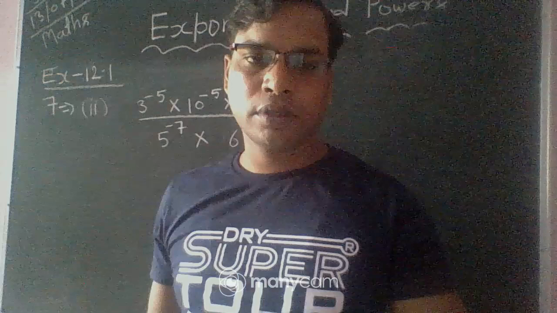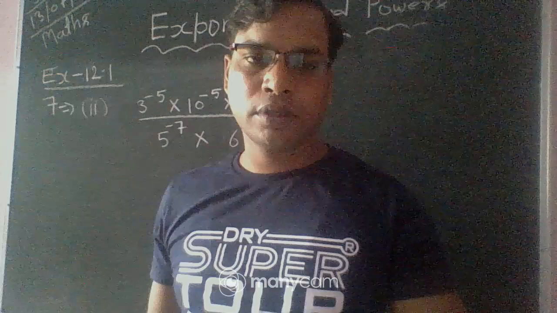Okay, so first 125, we can write 125 is equal to 5 into 5 into 5. Okay, this is equal to 5 power 3. Now 10, 10 is equal to, you can write 2 into 5.